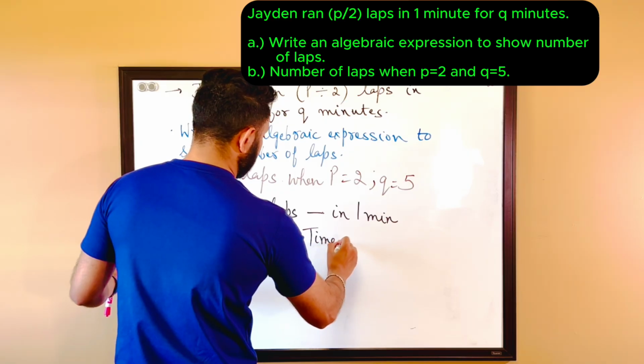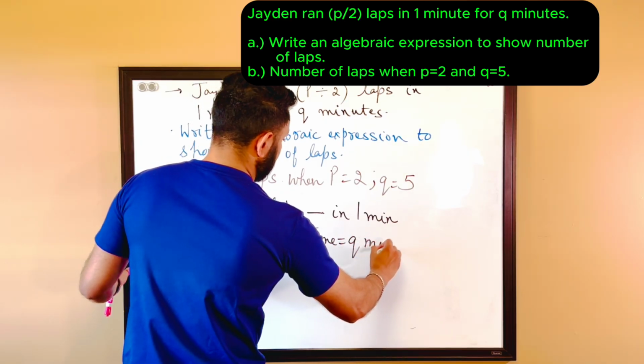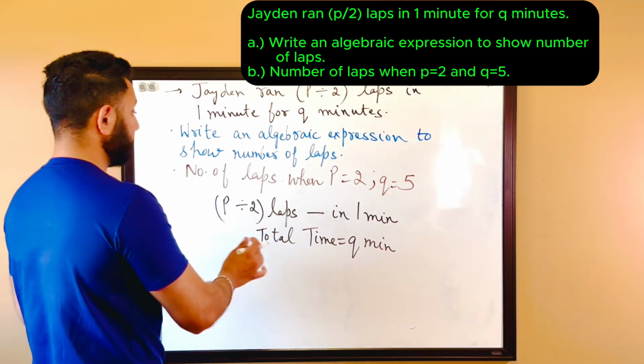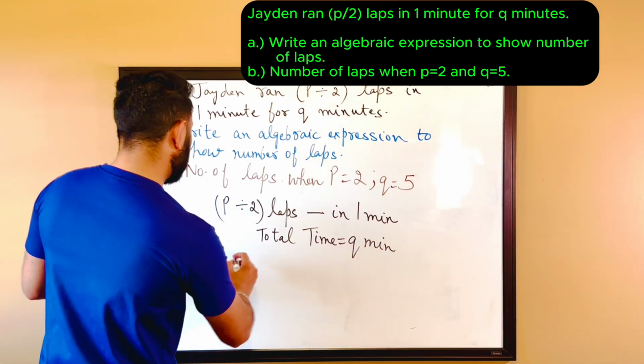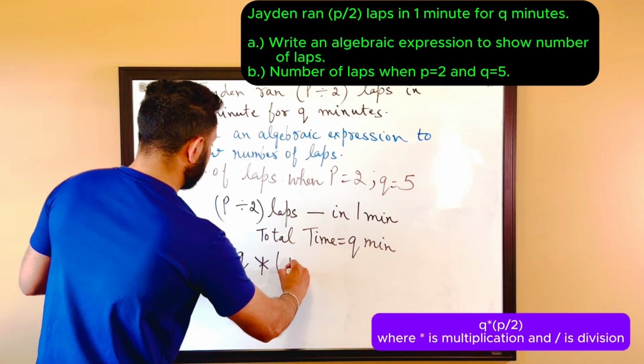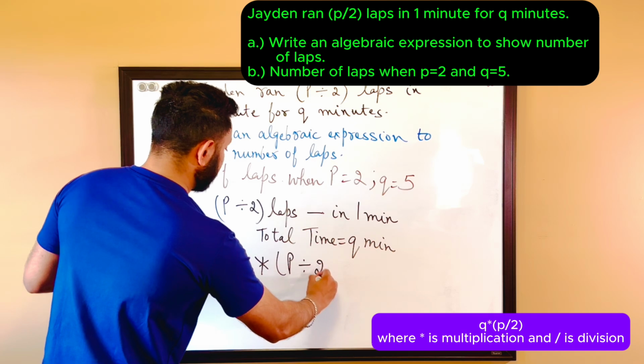So an algebraic expression for this is going to be the number of laps equal to q into p divided by 2.